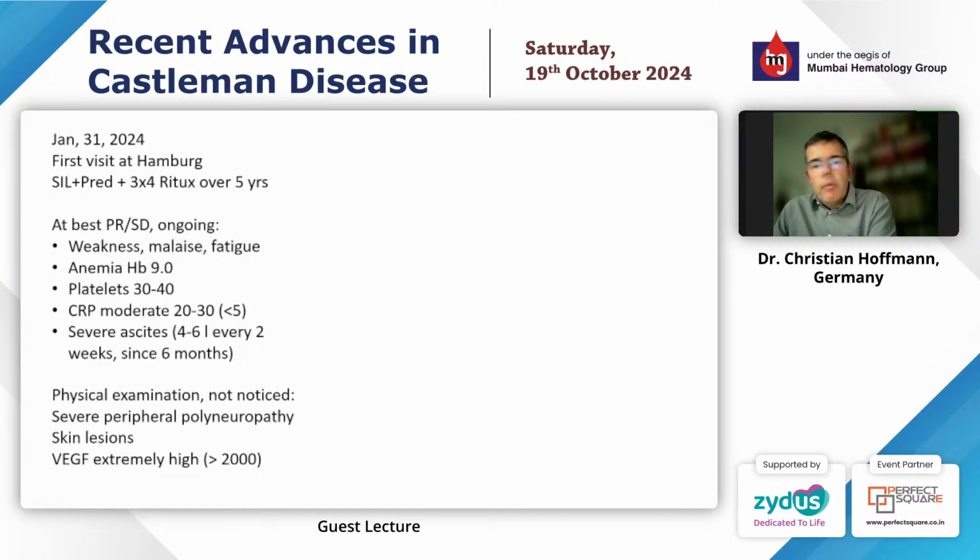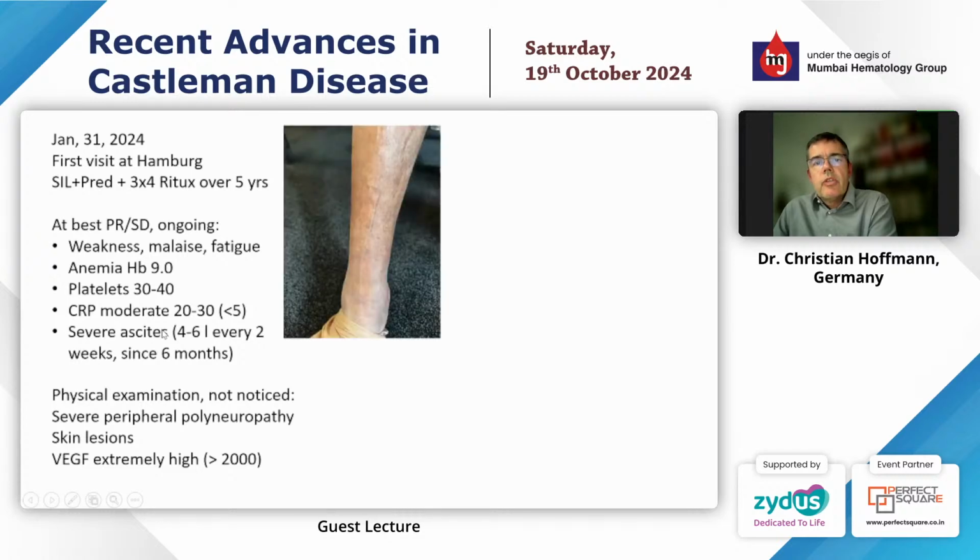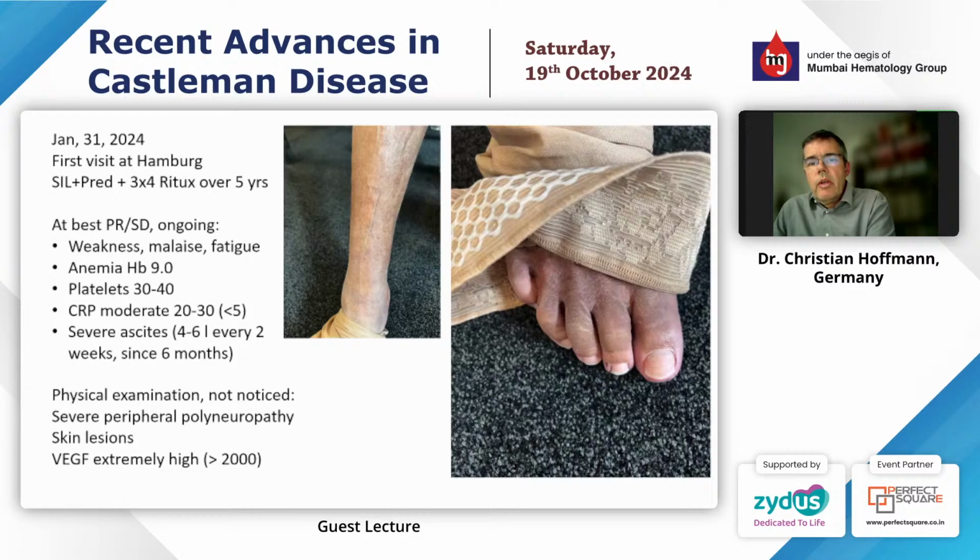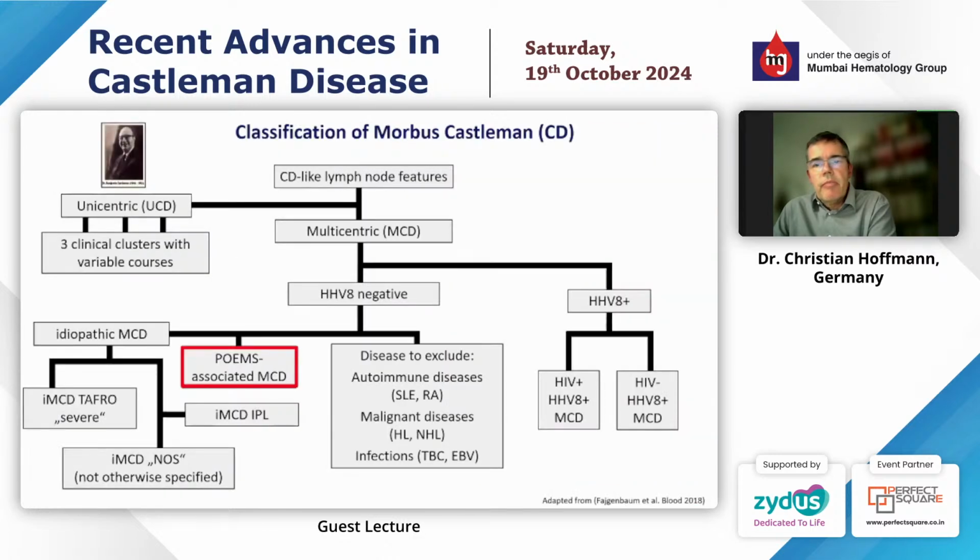And what was not noticed was that this lady had a severe peripheral polyneuropathy and an extremely high VEGF, which was more than 2000, and she had skin lesions. And I'm going to show you these skin lesions, and most of you will know the diagnosis because this hyperpigmentation is very typical. This lady has a POEMS-associated MCD, which was not diagnosed over 5 years.